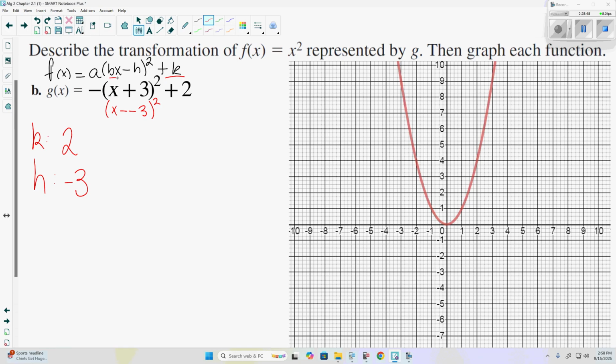Do we have a value for B? Well, we do have a value for A. Well, not so much a value, but we do have the negative, yes? The negative for A tells me that there is a reflection across the x-axis.